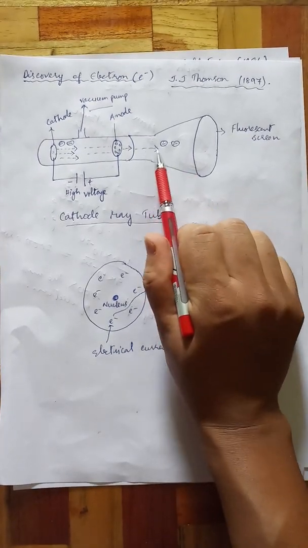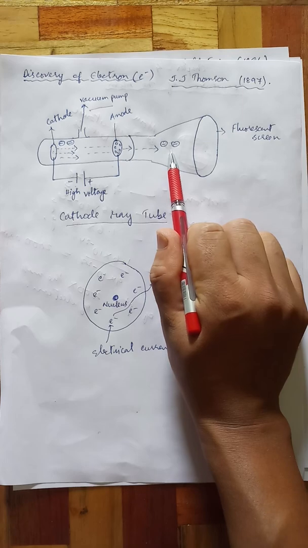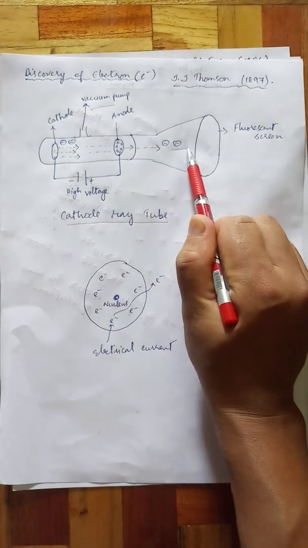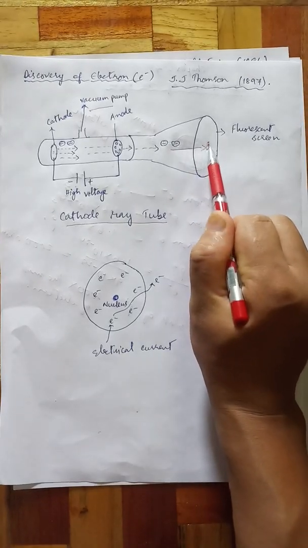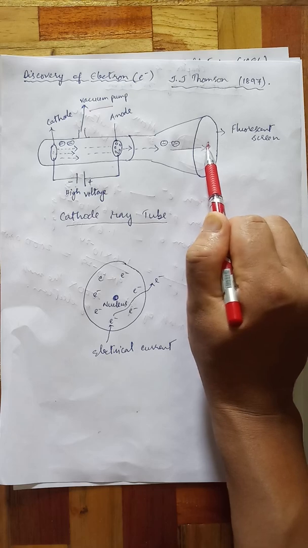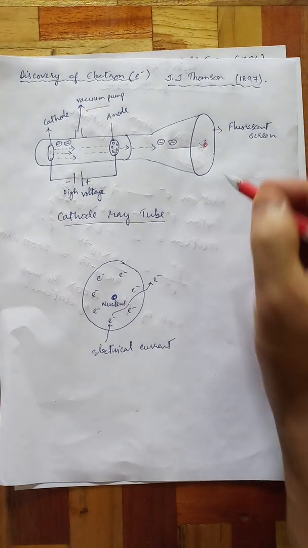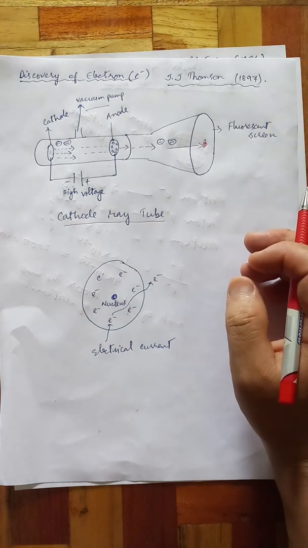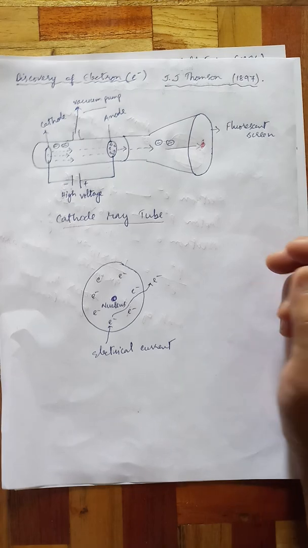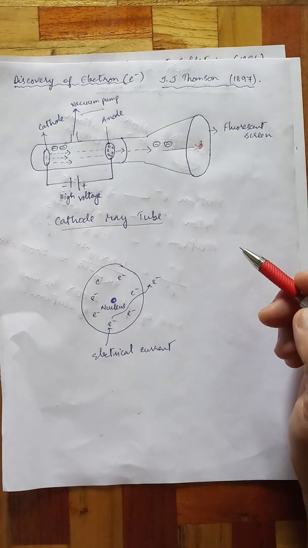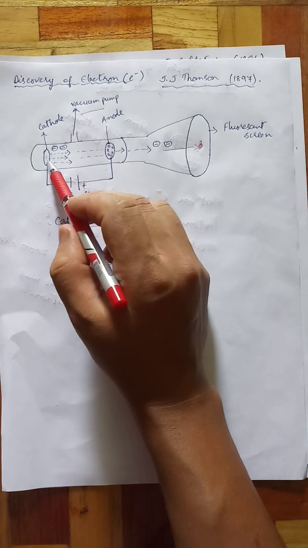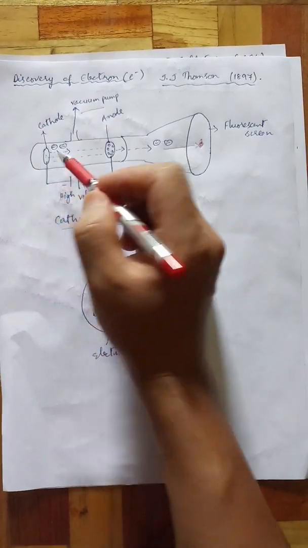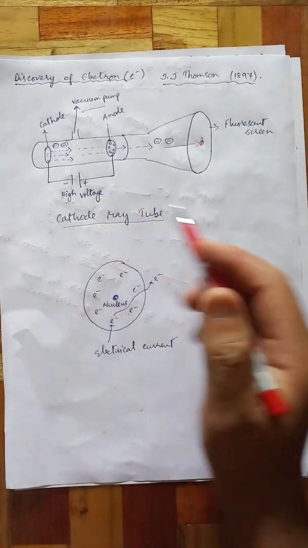And when this beam struck the coated fluorescent screen, the screen starts to glow. From this experiment, he decided that this particle must come from somewhere within the atom, emitted from the atom towards the anode from the cathode.